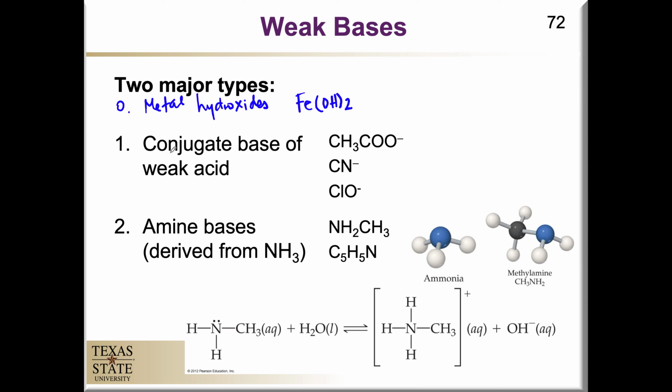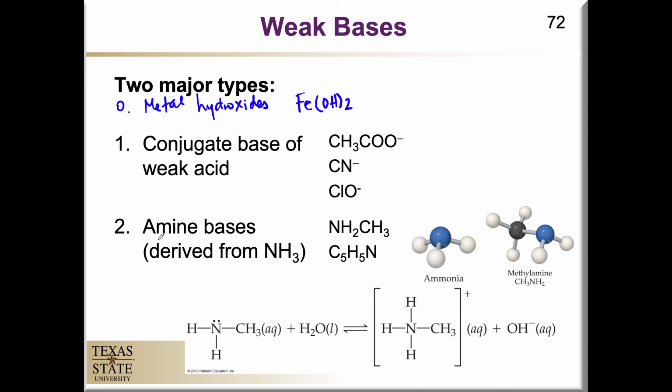So for example, if you take acetic acid, the conjugate base of that would be categorized as a weak base as well. Similarly, we have the cyanide anion and the hypochlorite anion, all of which are conjugate bases of weak acids, and they fall within the category of weak bases.